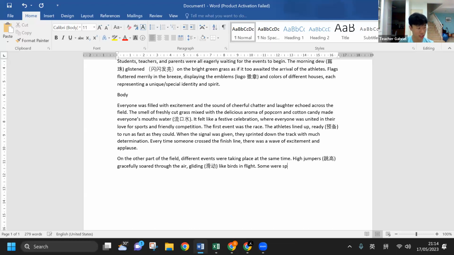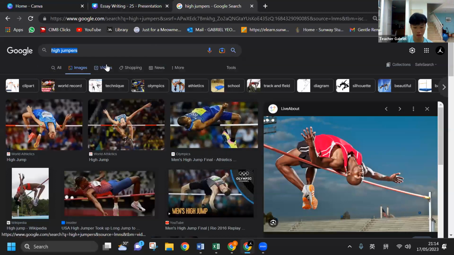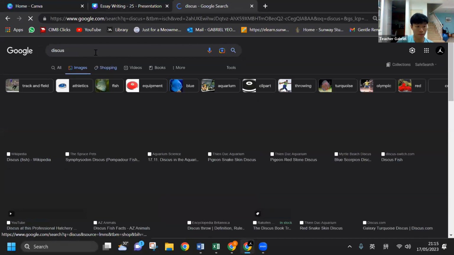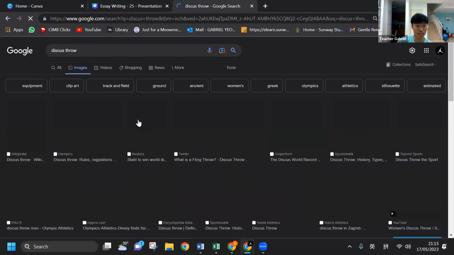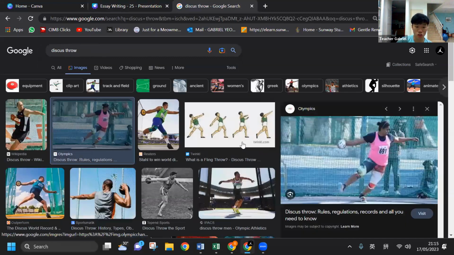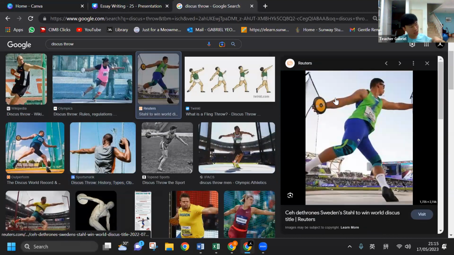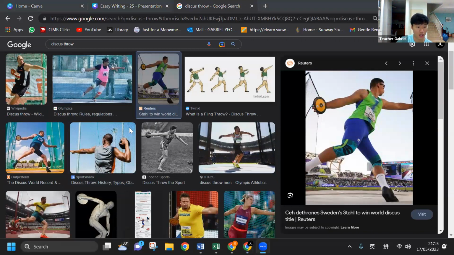Some others were spinning and throwing the discus. I'm not sure what discus is called in Chinese, so I'll show you. This is a discus. They hold a very heavy ball or a metal plate, spin, and then throw it. It's very heavy and quite dangerous.